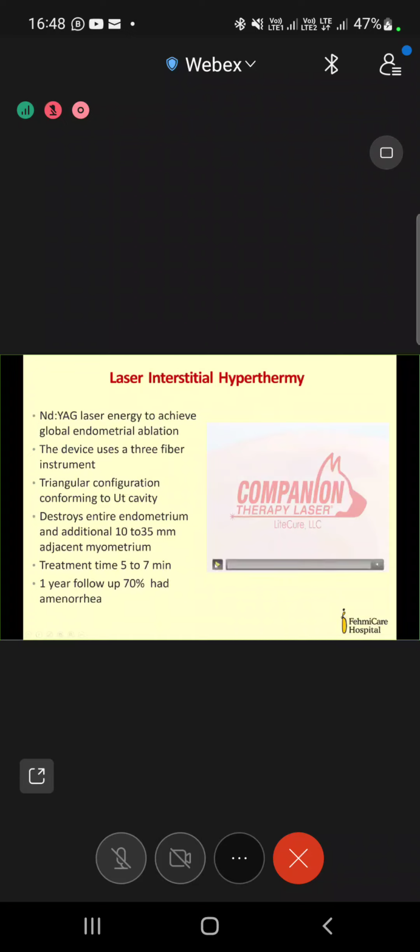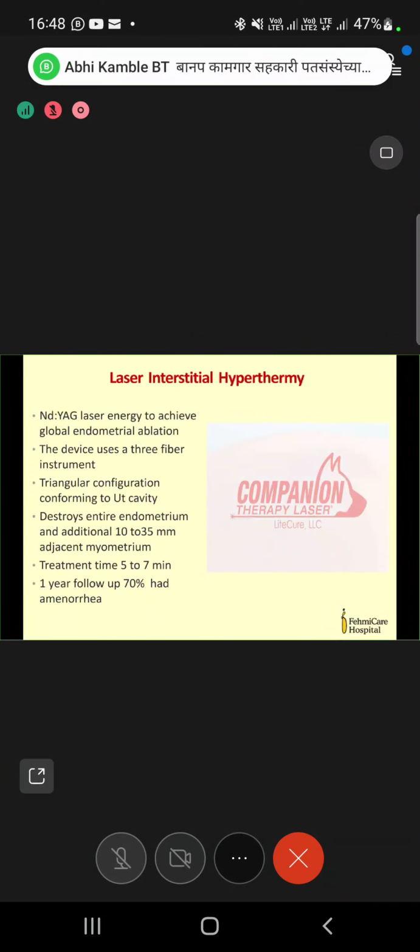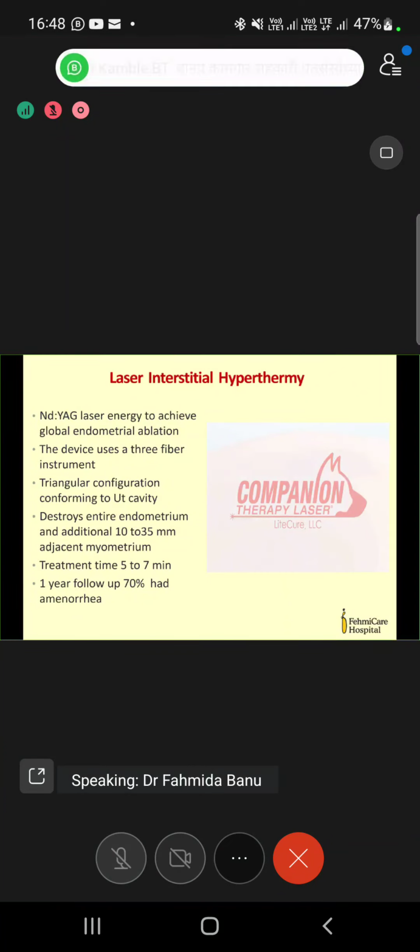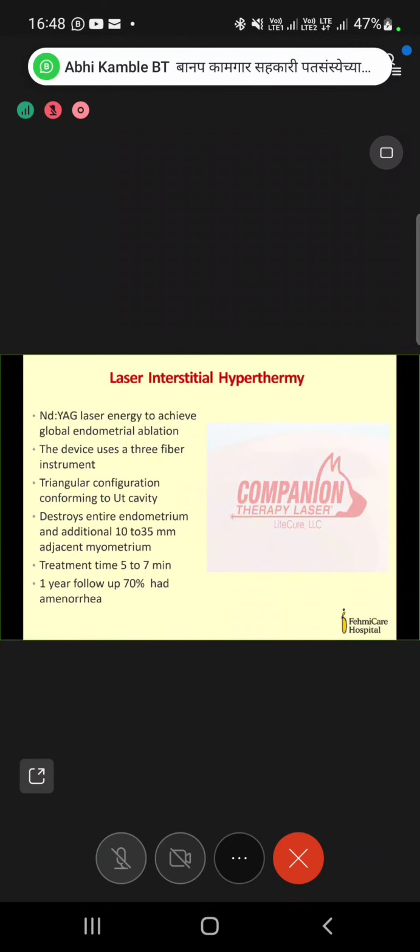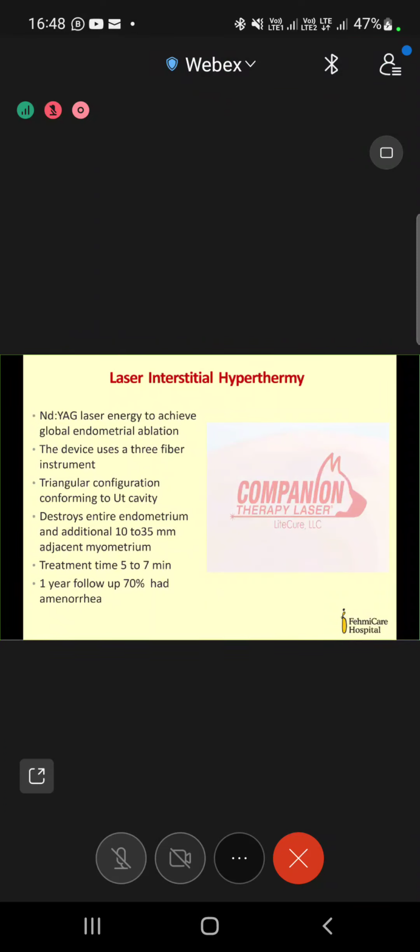Laser energy, laser interstitial hyperthermy. Here the device uses a fiber instrument. It destroys the endometrium and the adjacent myometrium up to 1 to 3.5 centimeters. In other words, it destroys the endometrium as well as the adjacent few millimeters of myometrium.